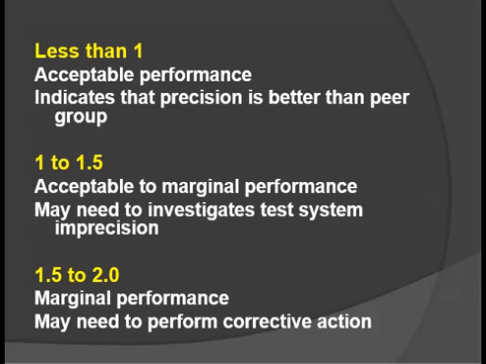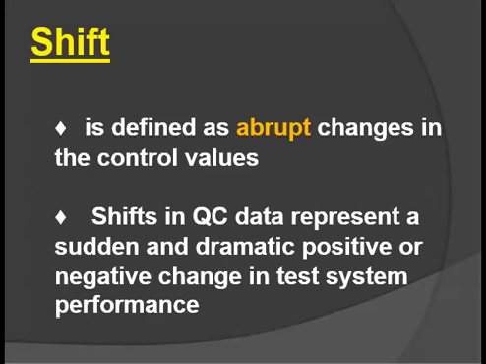The quantitative aspect of quality control, we have the shift. Okay, so shift is defined as an abrupt change in the control values. By the way, let me ask you, what is the criteria for you to say na, uy, meron ng shift? Sa tingin nyo?